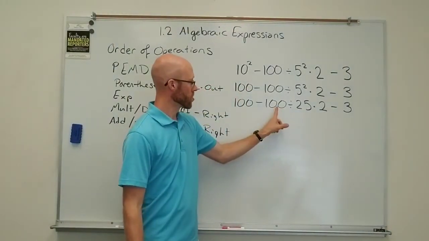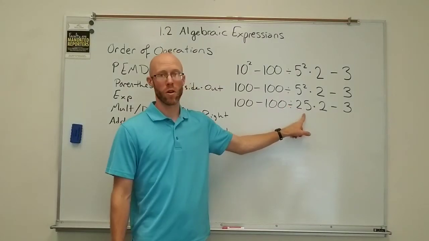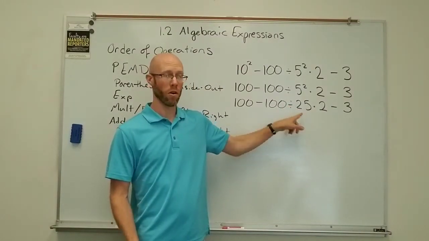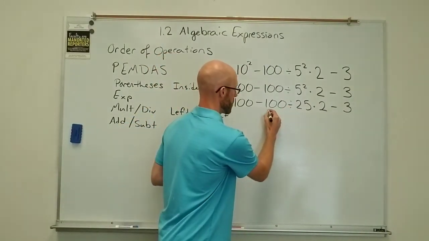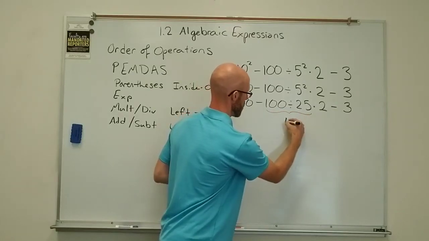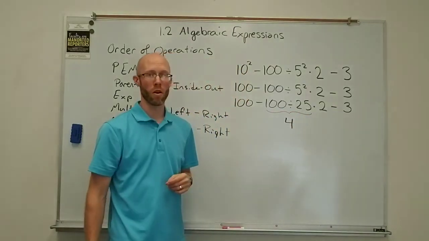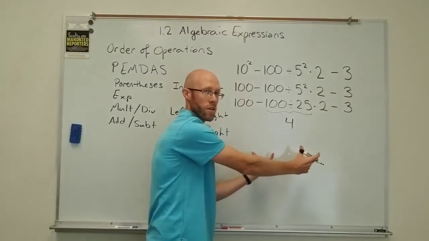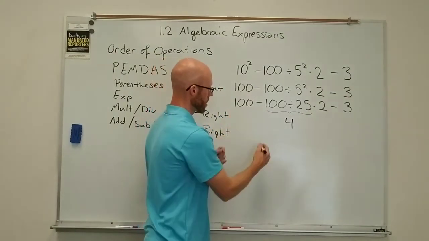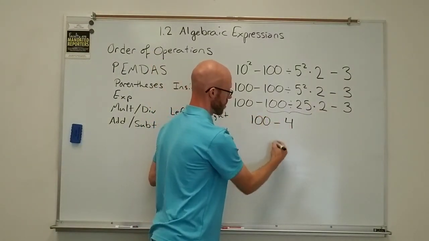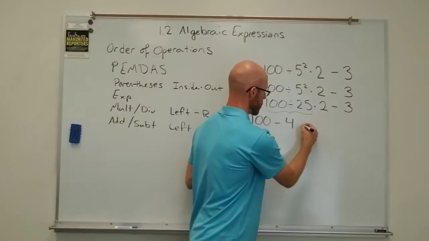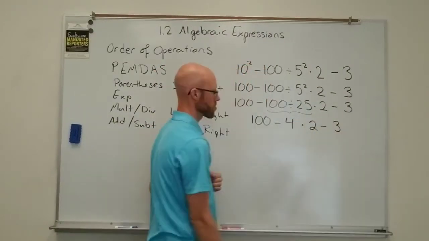Okay? So 100 divided by 25 is 4. So that combination right there makes for a 4. Everything else comes down, so I need the 100 and the minus, and then the times 2 and the minus 3.